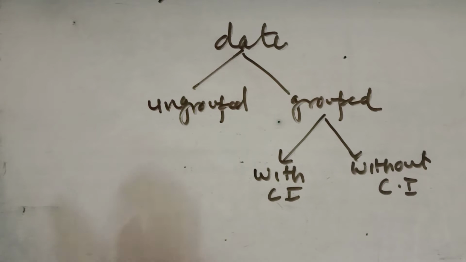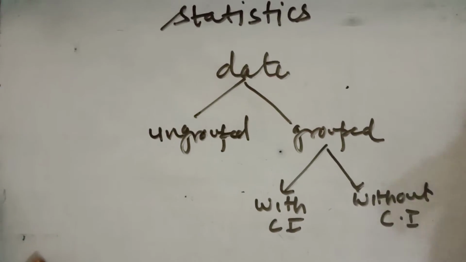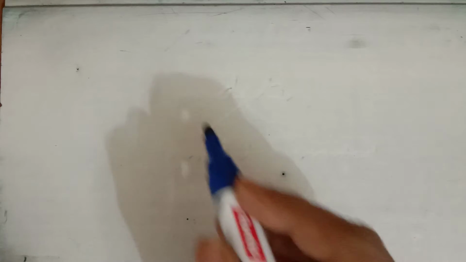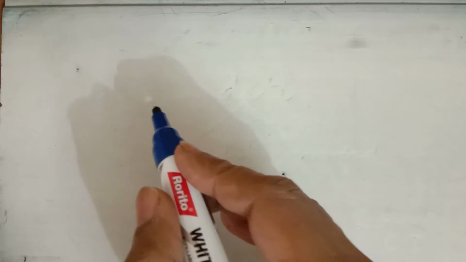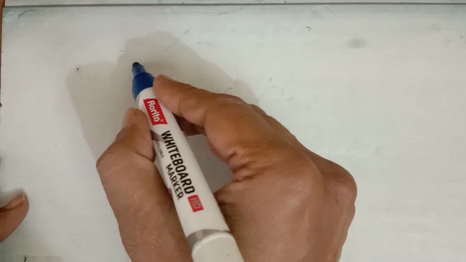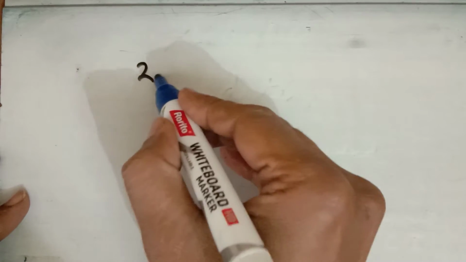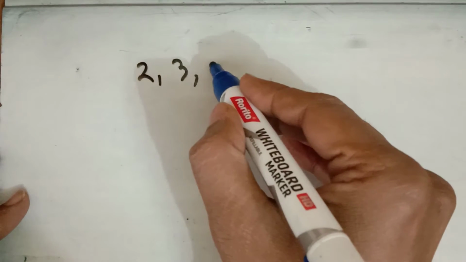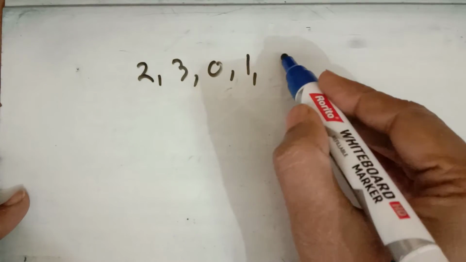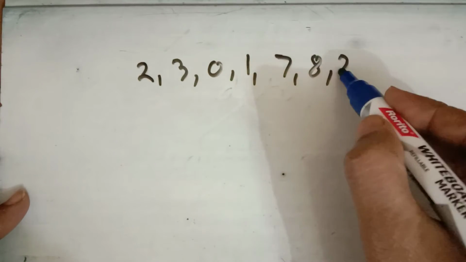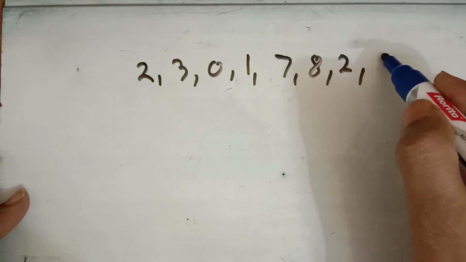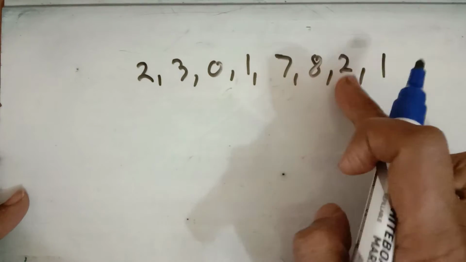Now I'm giving an example of ungrouped data, and then I will convert it into grouped data without class interval and grouped data with class interval. Let us take an exam or a test for 10 students out of 10 in a class, and the marks the students get are, let us say, 2, 3, 0, 1, 7, 8, 2, 1, 1, 2, 3, 4, 5, 6, 7, 8.